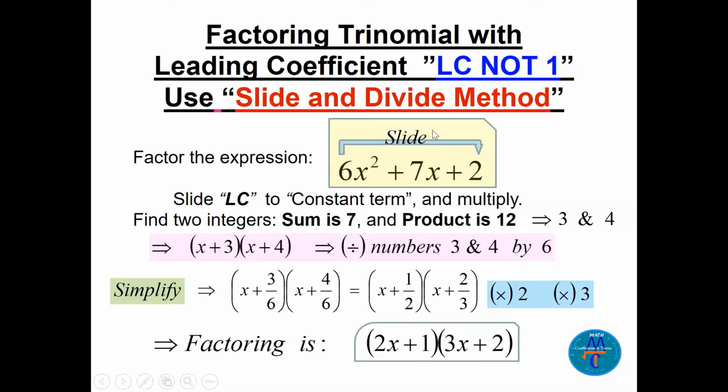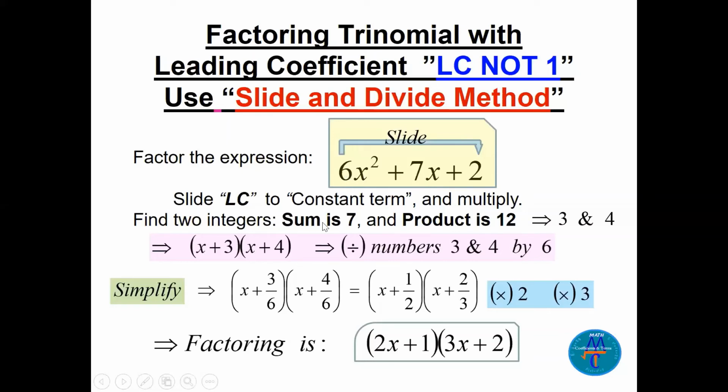We slide. That means we take the leading coefficient and the constant and we multiply them. If you multiply 6 and 2, what do you get here? 12. Still, this number here in the middle is the sum. But we don't say the product is 2, you see? Unless this number is 1. So I take 6 and 2, 12.